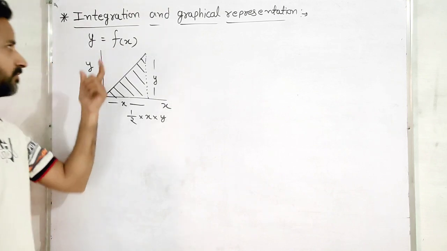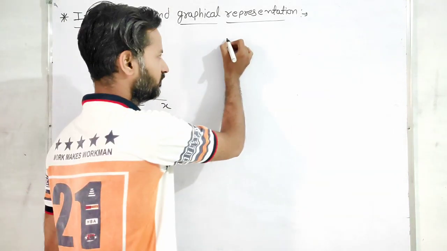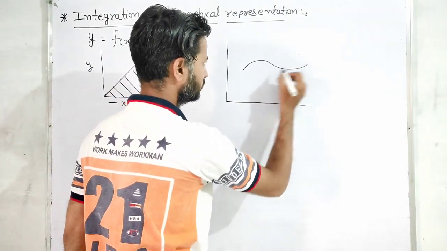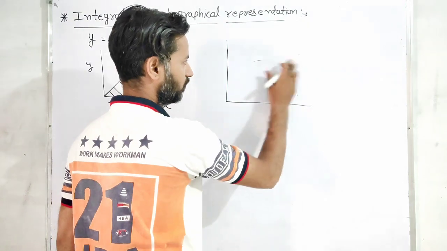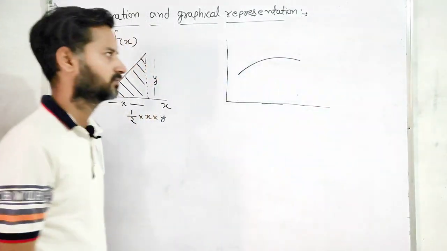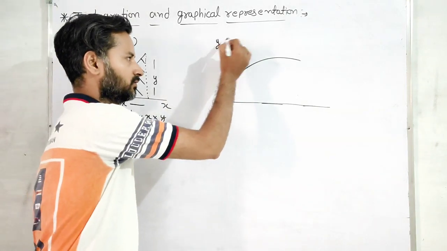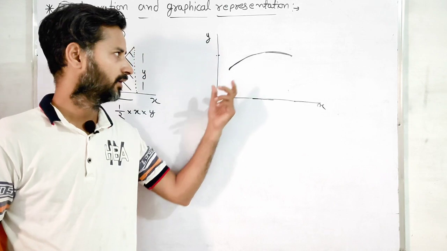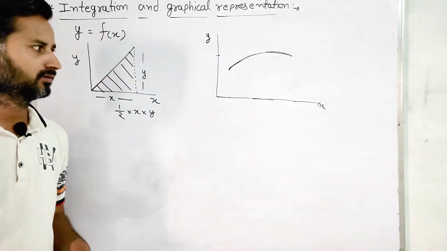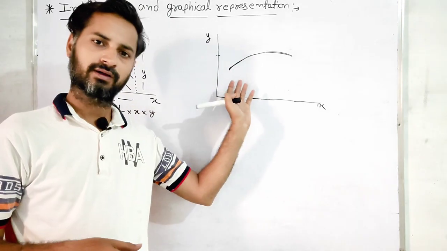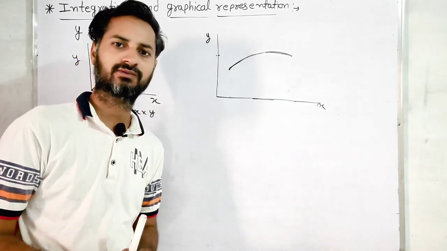But what if the function has a graph like this or this? In this graph, if we want to find the area, then our knowledge from small classes will not help us.